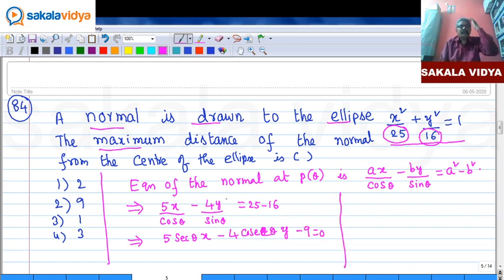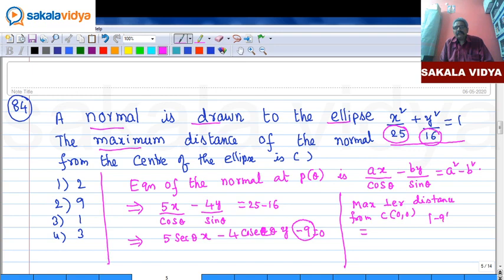So what we need to find out now? Maximum perpendicular distance from origin, center. From the center, that is 0, 0, perpendicular distance equals the constant term, what is that? Minus 9.